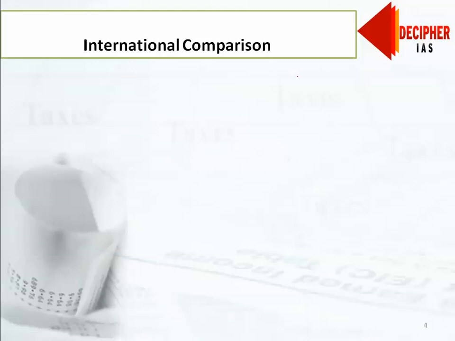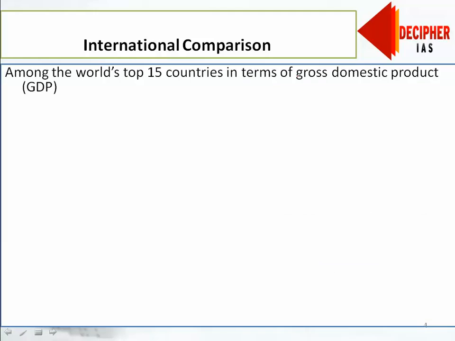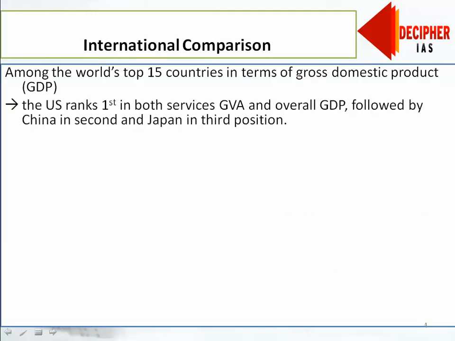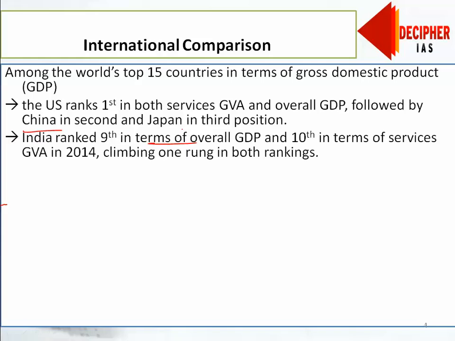So, comparing India to the other international economies in terms of services. Now, among the world's top 15 countries in terms of GDP, US is number 1 in both services GVA, gross value added, and overall GDP, and China is in second place and Japan is in third place. Fine. Now, India is ranked 9th in terms of overall GDP and 10th in terms of GVA, and it has climbed one place.